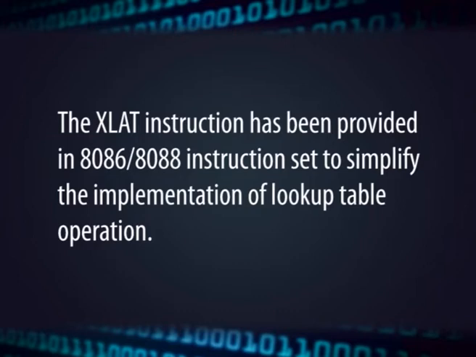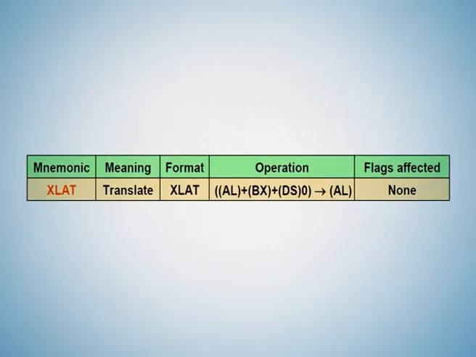The next category of the data transfer instruction is XLAT instruction. The XLAT instruction has been provided in the 8086, 8088 instruction set to simplify the implementation of lookup table operation. When using XLAT, the contents of the register BX represent the offset of the starting address of the lookup table from the beginning of the current data segment.